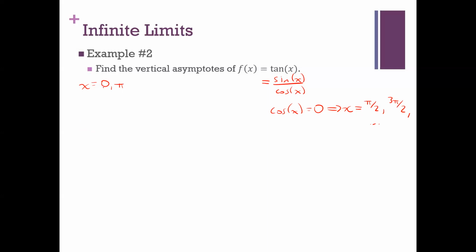So not 0 and pi, but I can list them out like this: pi over 2, 3 pi over 2, 5 pi over 2, and so on. Or if you prefer, pi over 2 plus k pi, where k is an integer.